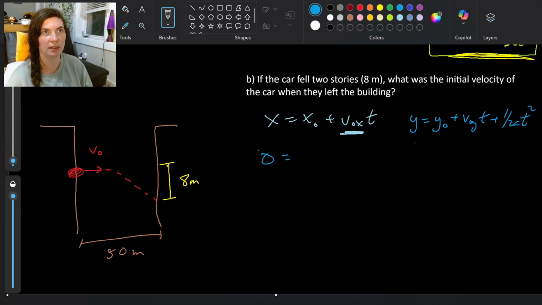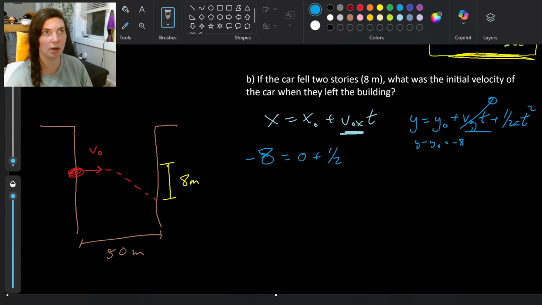So we can combine these. Y minus y naught is negative 8. I'm going to just put negative 8 out here. Negative 8 equals v naught y times t. V naught y, we just said there's no v naught y. That term is not going to be in here at all. No velocity at the beginning in the y direction for this problem.